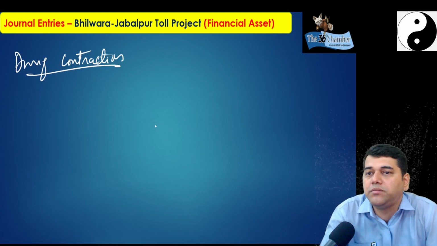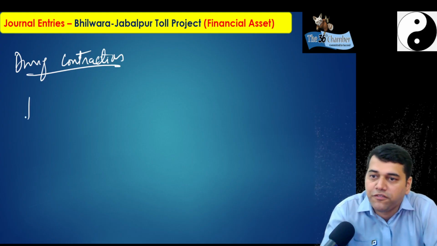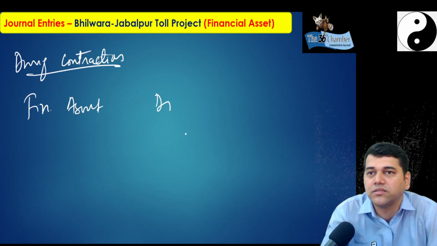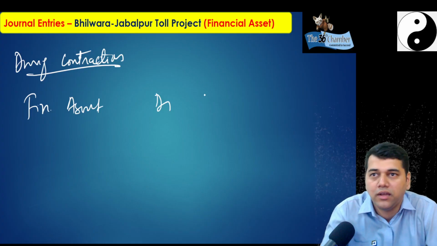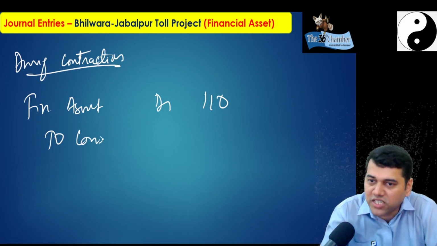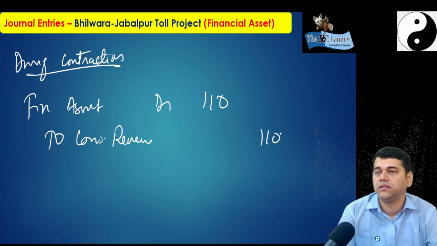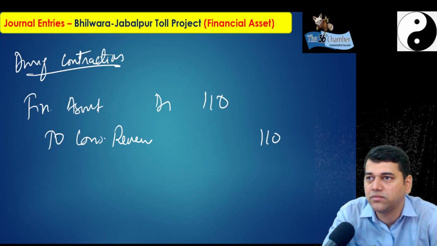Journal entry, Bilwara project. First, during construction time, financial asset account debit. How much? Year end 110. To construction revenue. When you ask me, sir, you must have incurred some construction cost.